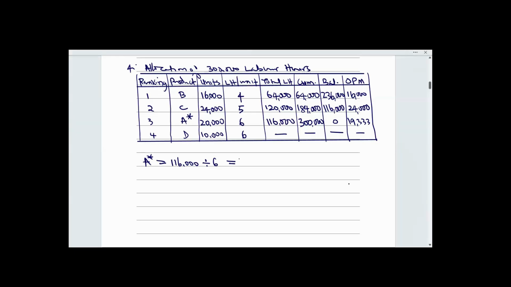So the difference, are we not supposed to approximate to 4 so that it will give you 116,004? You can't approximate to 4. The number you have there is 0.333. 3 is not up to 5, so you cannot approximate. Just leave it as it is. You don't need to approximate in this area because fractional output can be undertaken. So no need to approximate.